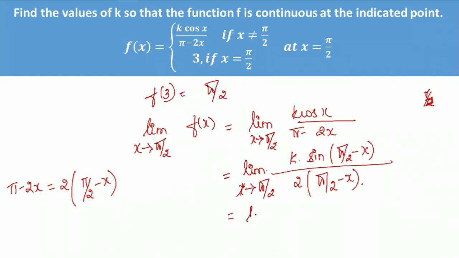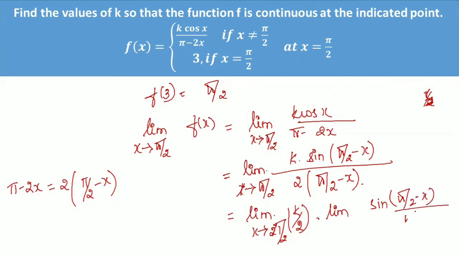Now you split the limit. One limit is k by 2, and the other limit is the limit of sine pi by 2 minus x divided by pi by 2 minus x as x tends to pi by 2. This becomes 1. So here you will get k by 2 into 1, which is k by 2.